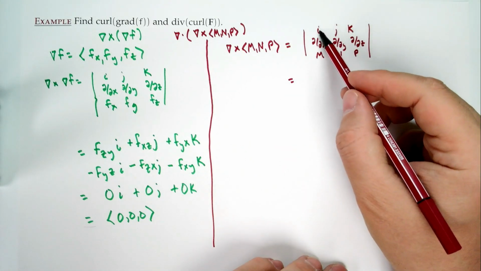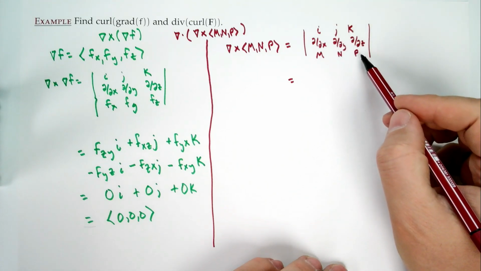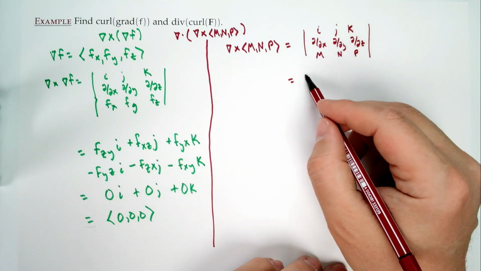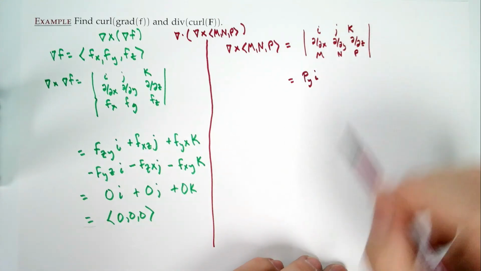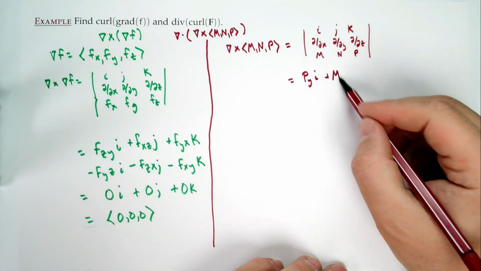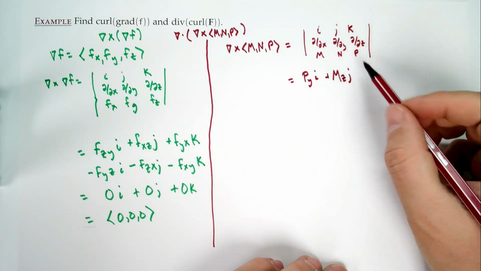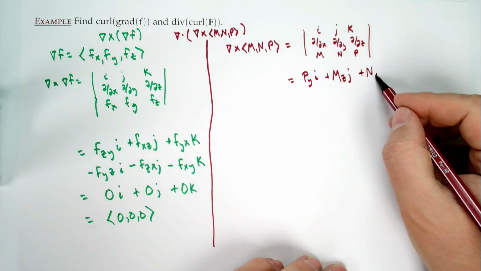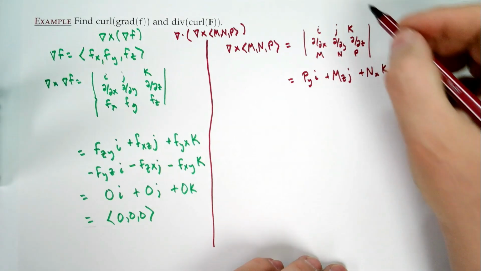We're going to get, in the I direction, partial derivative with respect to Y of P. So that's P sub Y, I. J direction, derivative with respect to Z of M. So M sub Z, J. K, partial X of N. N sub X, K.